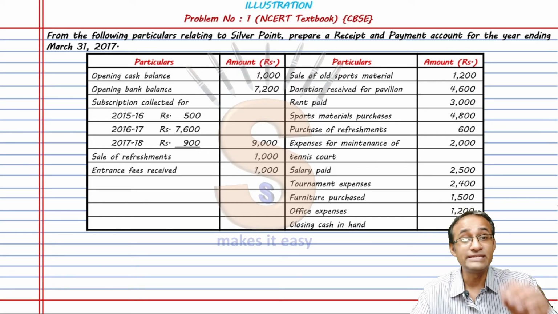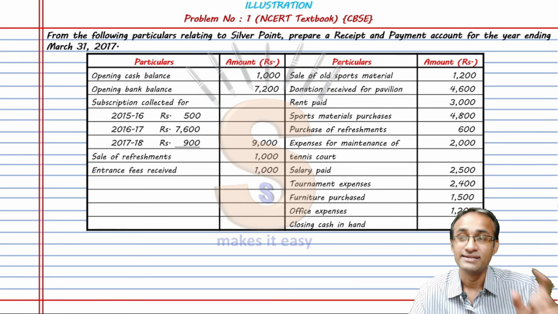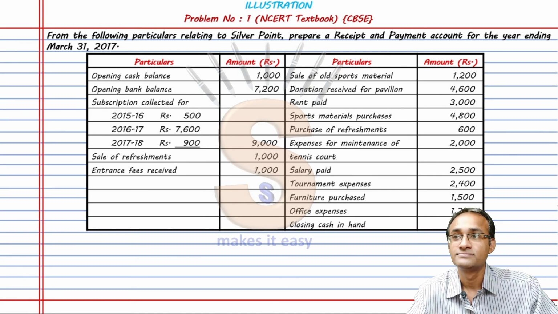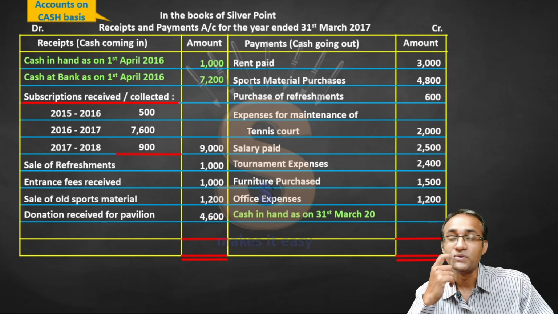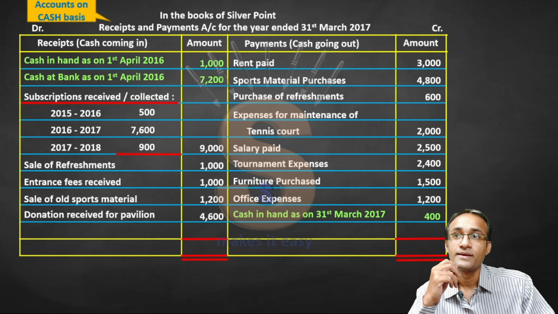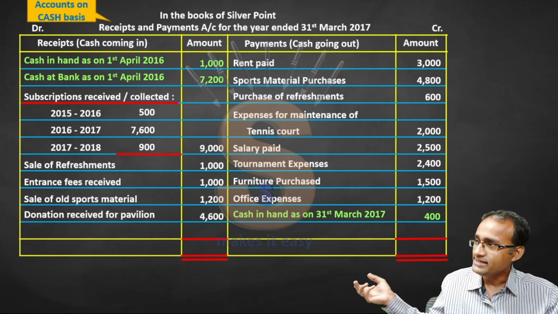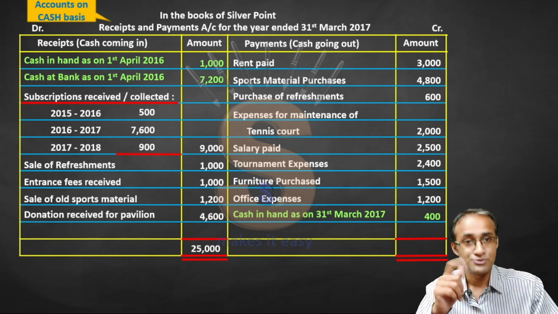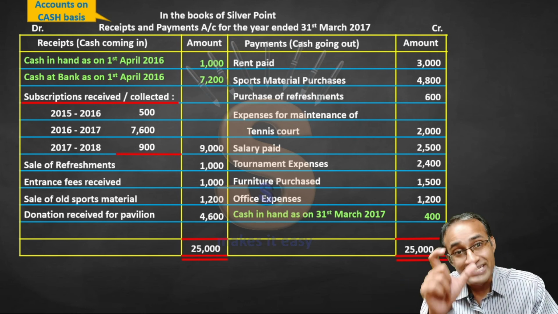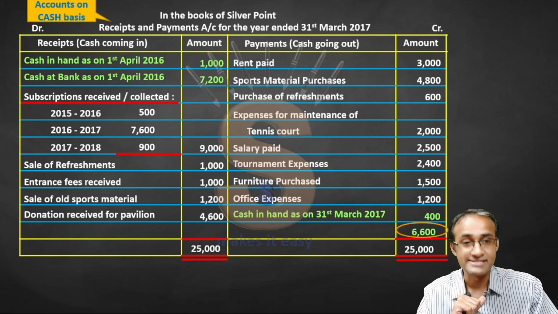Next item is closing cash in hand, so that is cash balance on the last day, 400. Cash in hand on 31st March. When you balance this, it doesn't match, so the receipt side comes to 25,000 and you get a difference on the payment side, 600.